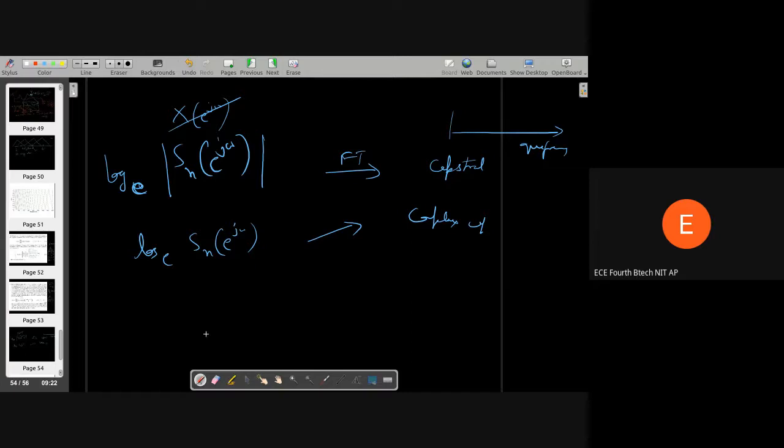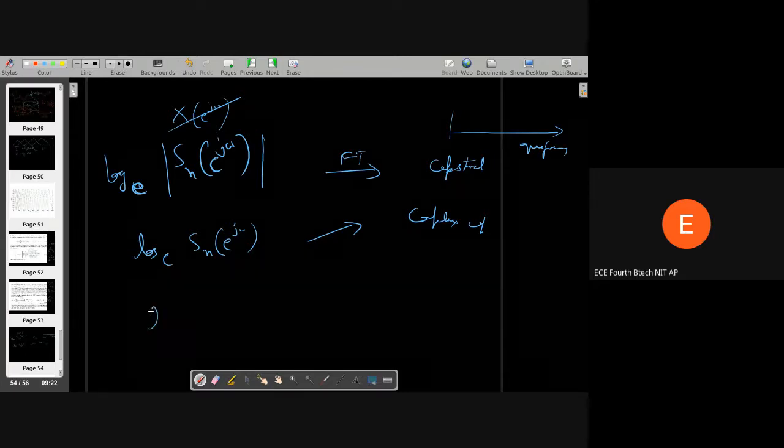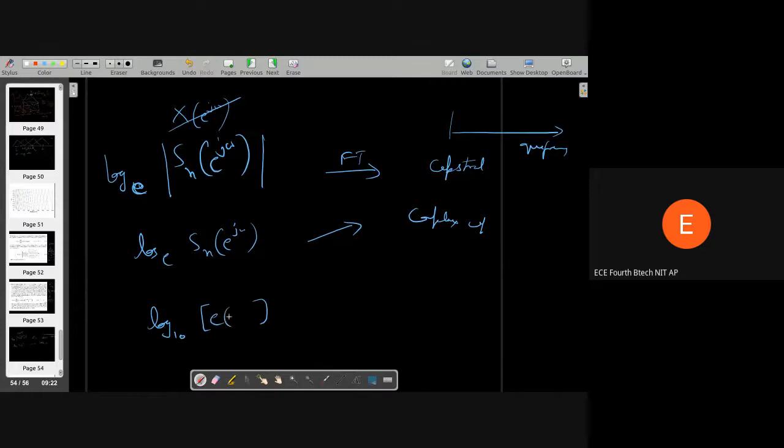In the same way, now we are taking log base 10 of the energy values, and instead of the Fourier transform, we are taking the discrete cosine transform. Our objective is these 24 values, m equal to 0 to M minus 1, so 0 to 23.